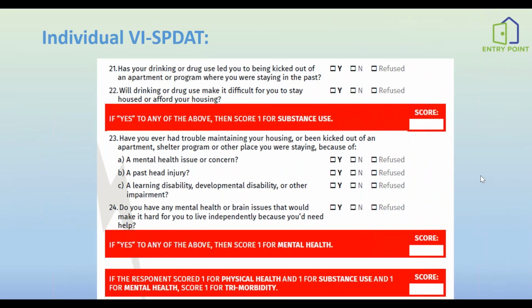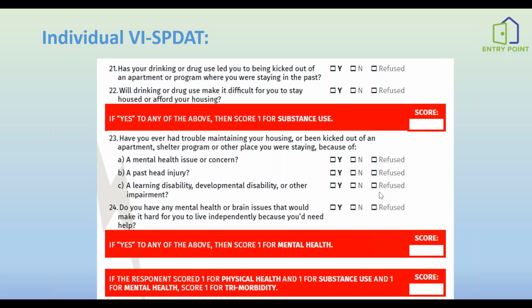There are lots of other questions on that section that are on the slide now, including 21, which is part of the substance use part. The first few questions we talked about were physical health. Now we're talking about substance use questions, and there are two of them here. Has your drinking or drug use led you to be kicked out of an apartment or program?